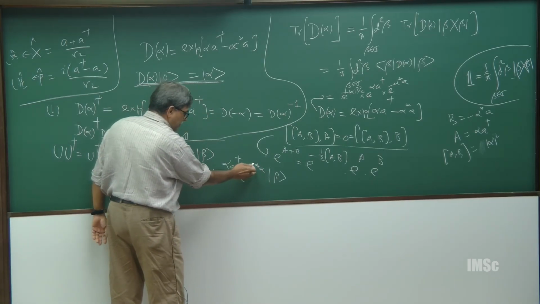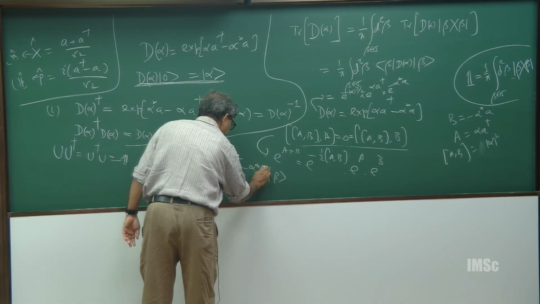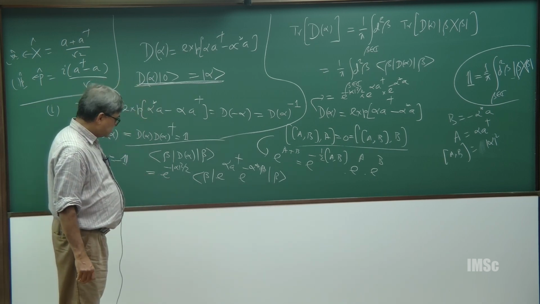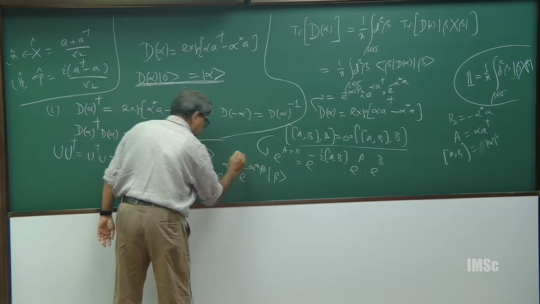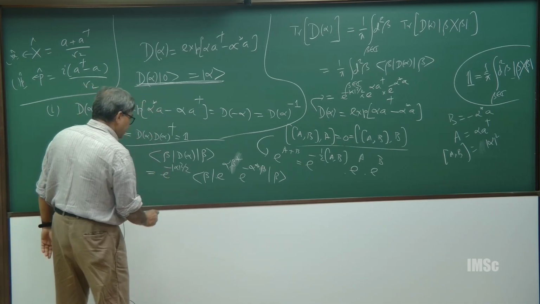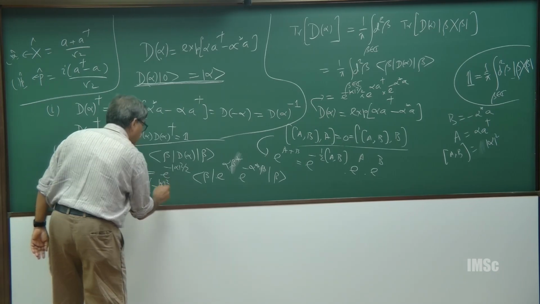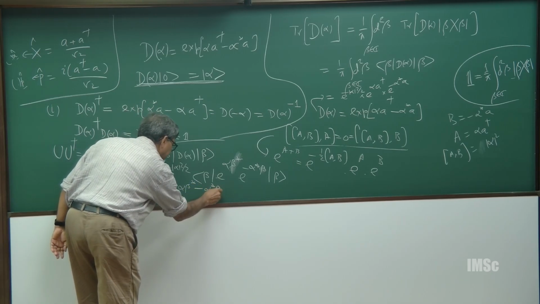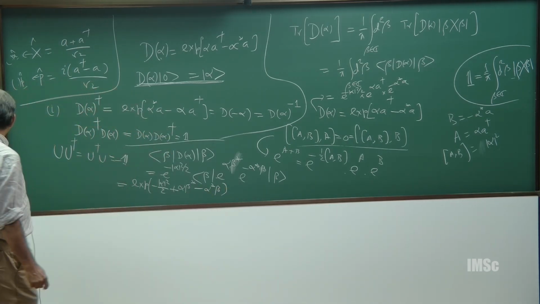This is just minus alpha star beta times beta. So, I will replace this beta, and this one alpha star. Right. So, this is basically the exponential of minus mod alpha square by 2 plus alpha beta star minus alpha star beta. Okay. Right. Okay, good.